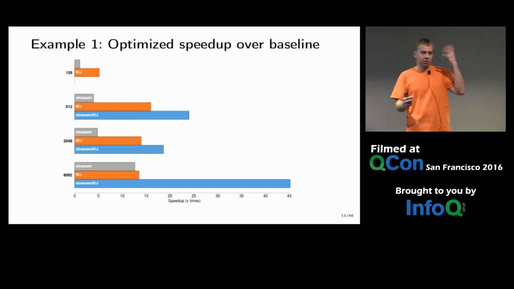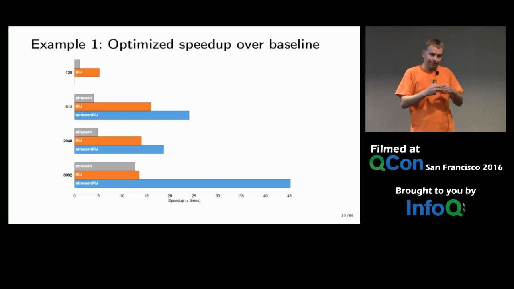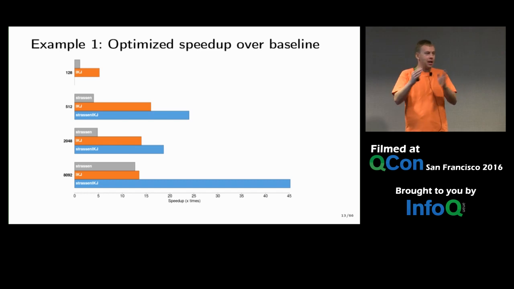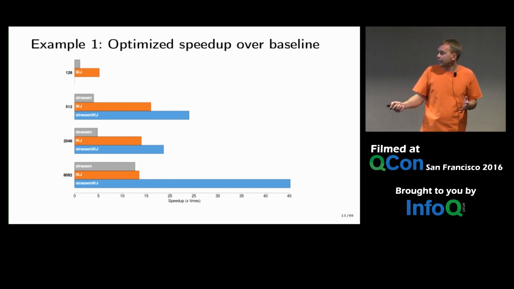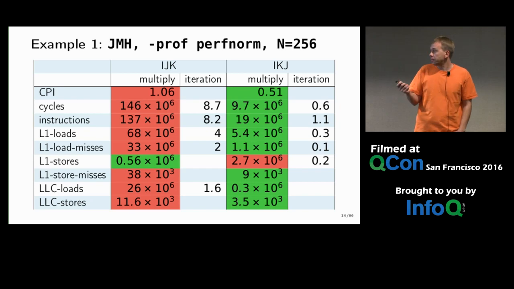If you have performance improvement A and performance improvement B and you combine them, you can get any kind of result: the sum of A plus B, the max of A and B, or it could even be worse. Like here, the combination of Strassen and loop interchange gives approximately the same. But here, two small performance improvements give a very huge performance improvement, much larger. And let's check a little bit what happens.